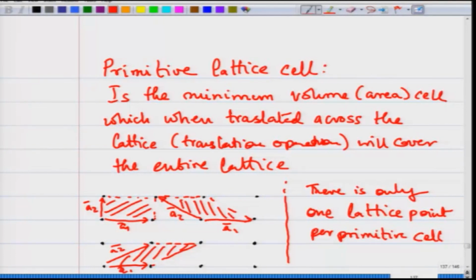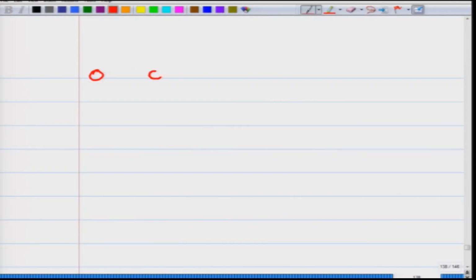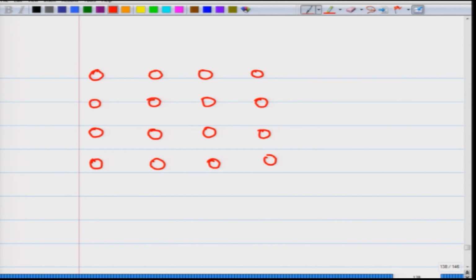For example, again I am just restricting myself while drawing to 2 dimensions. This entire thing was also carried forward in 3 dimensions. Suppose I were to consider the lattice points, I exaggerate my lattice points and show them as these circles. These are not atoms, these are again lattice points. And what is my primitive cell? One example of a primitive cell is this.